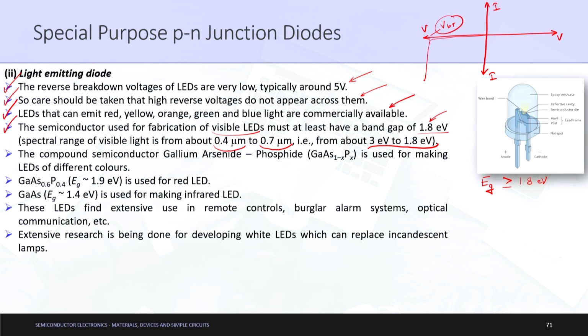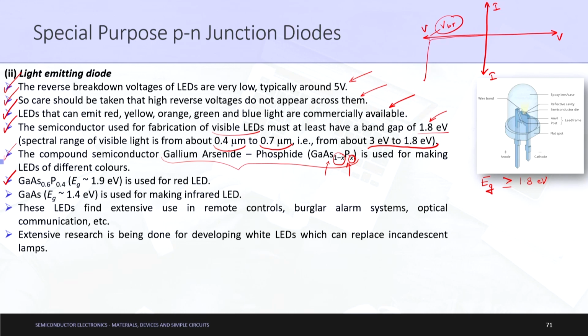Okay. Next thing is the compound semiconductor gallium arsenide phosphide. So, this is the complete name of one of the semiconductors. Ga is gallium, arsenide is given like this and phosphorus is like this, used for making LEDs of different colors. An example is given to you in the picture. So, in GaAsP, if x is used for phosphorus, then 1 minus x will be used for arsenic.